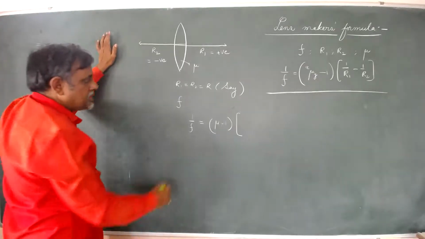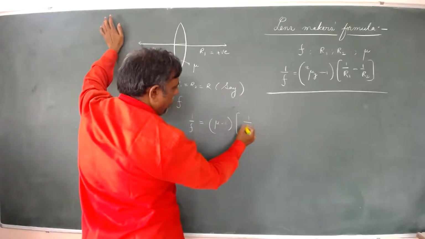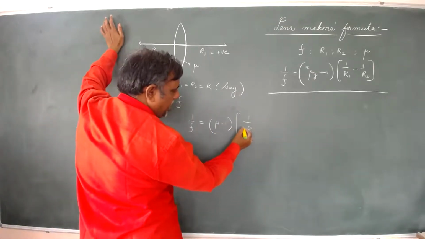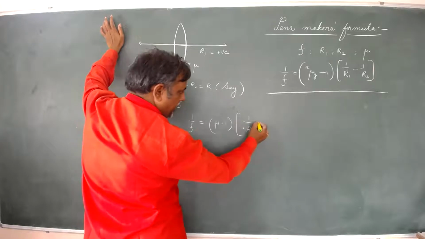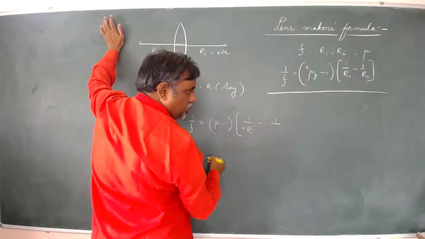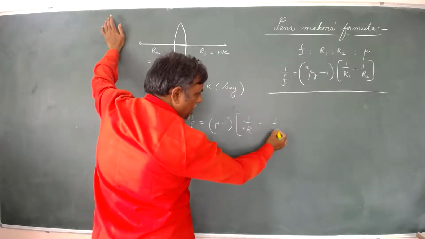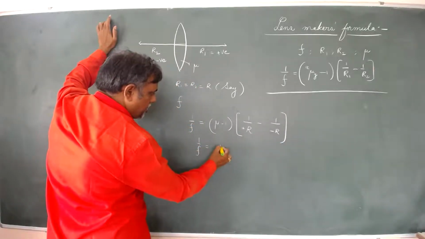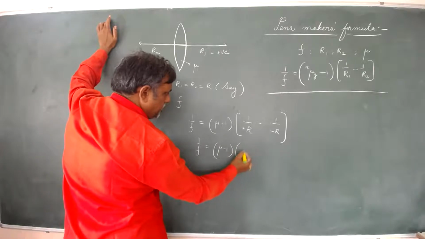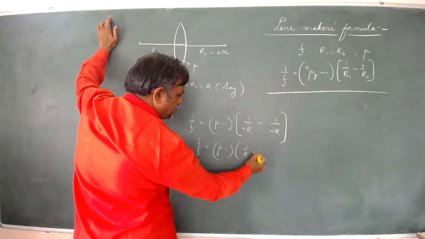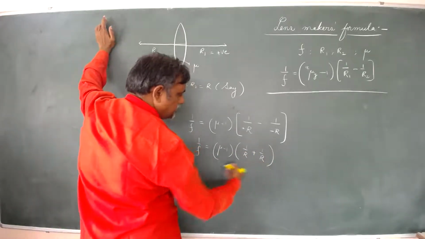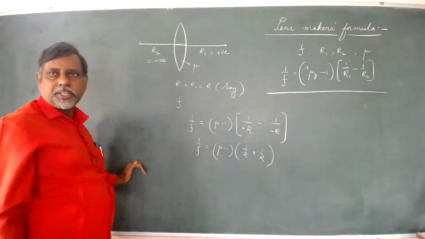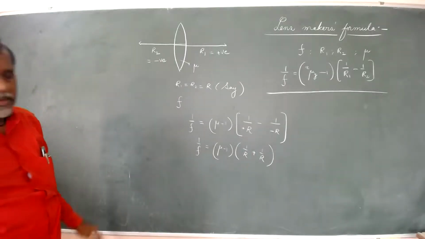Got it? Okay. So 1 by R1 means 1 by R, and minus 1 by R2, where R2 is minus R. So here 1 by f is equal to mu minus 1 into 1 by R plus 1 by R. Got it?